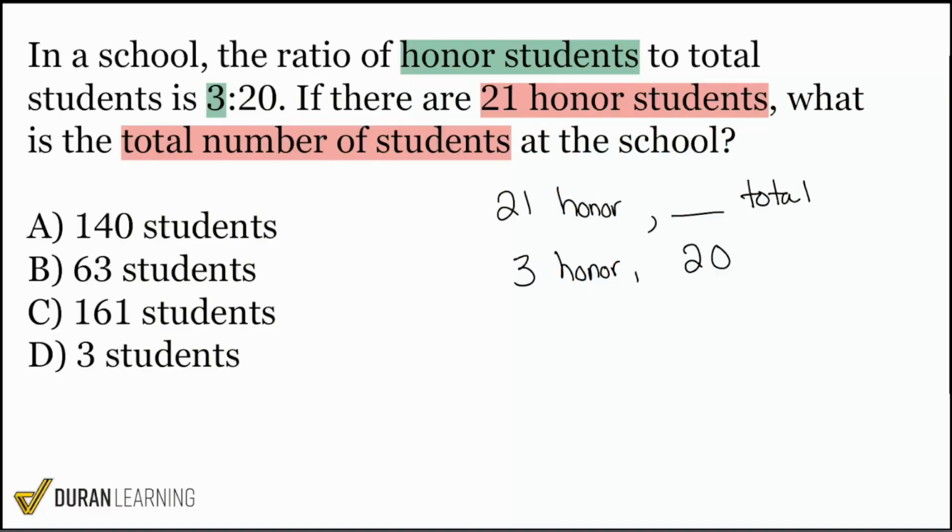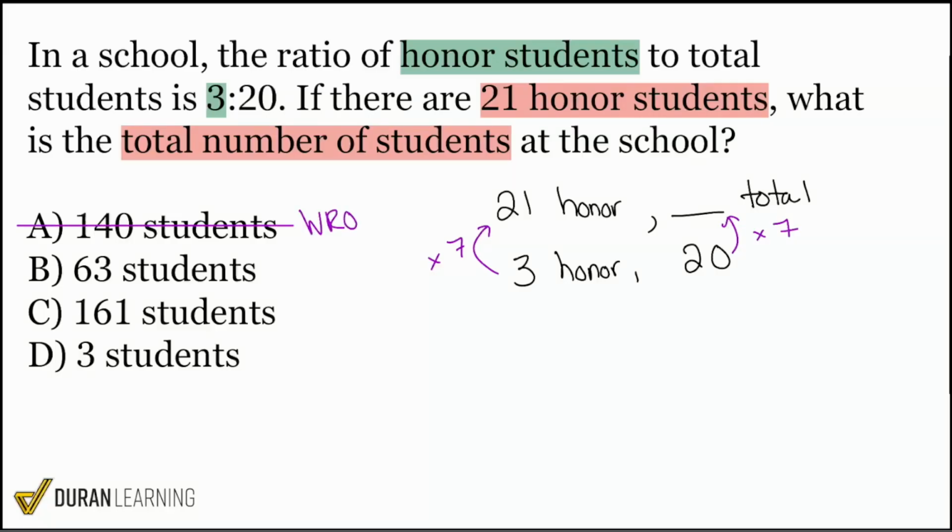And then you think, okay, this is an easy comparison. Going from 3 to 21, that's times 7. So going from 20 to the total, that's times 7. Everybody, what's 20 times 7? 140.